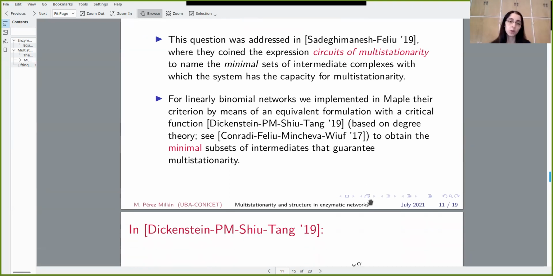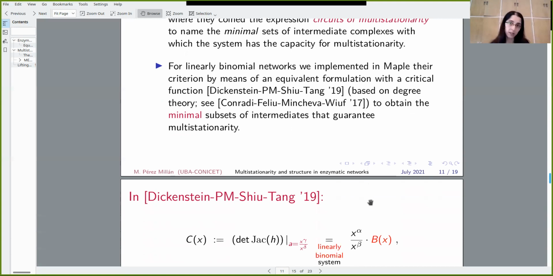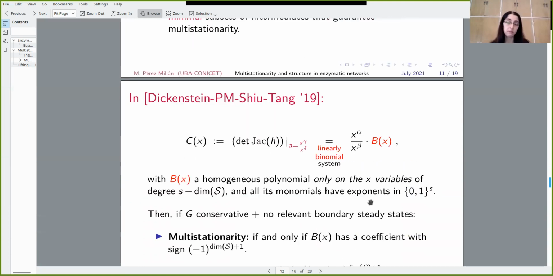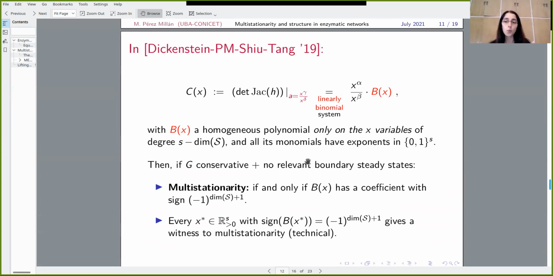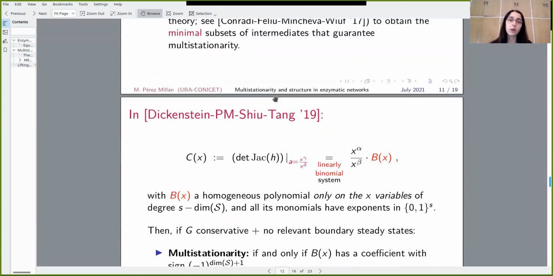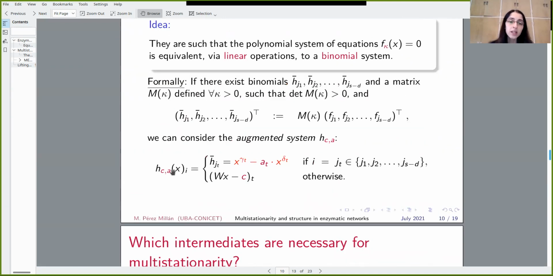So let me show you, first of all, this function, and then an example. We consider this critical function, which is the determinant of the Jacobian of the equations H here. Let me go back, so scrolling is slower. So this H, we have the binomials and the linear relations.